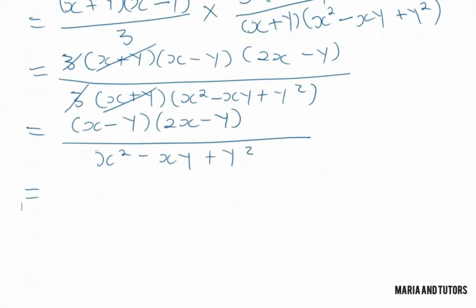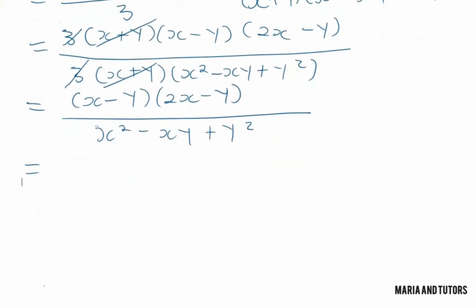If you want, you can expand the expression that you have on your numerator. So in this case you have (x − y) multiplied by (2x − y). Don't forget here we are multiplying. When we expand, we're going to multiply a binomial by a binomial.